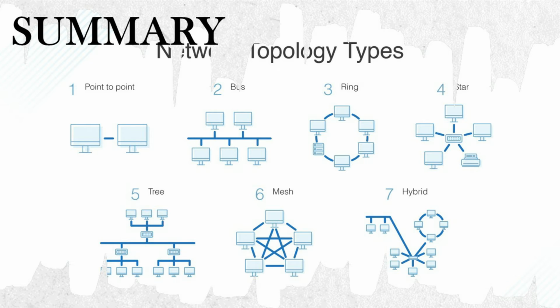Seventh point. Variations on the major topologies allow even greater fault tolerance and flexibility. The extended star is the most common, building on the popular star topology. The mesh is the most fault tolerant of all network topologies. It allows every computer to communicate with every other computer.